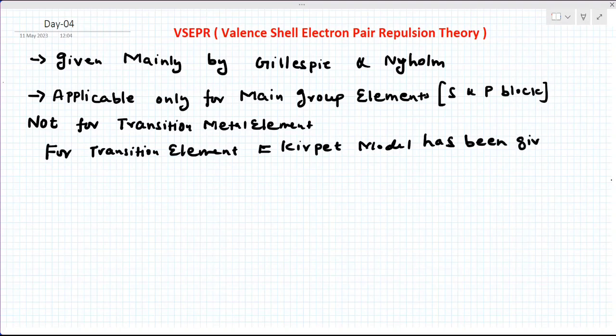The VSEPR theory is only applicable for the main group s and p block. For d block, we are going to apply the crystal field model, which is not in the JAM exam also.